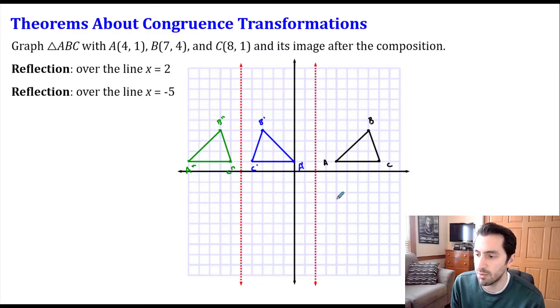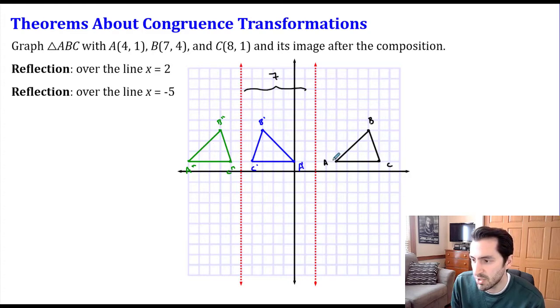There's also a couple neat properties about this, where if we take a look at the distance between our two lines of reflection, so in between x equals 2 and x equals -5, that is a distance of 7 units. Now let's take a look to see how far apart my original triangle is from our final image.